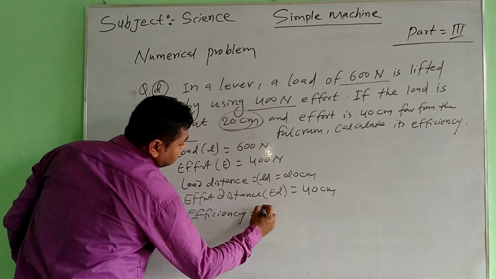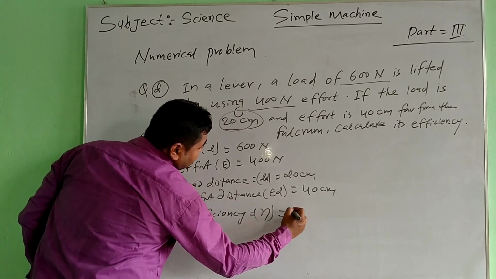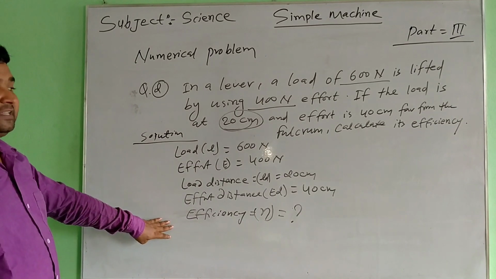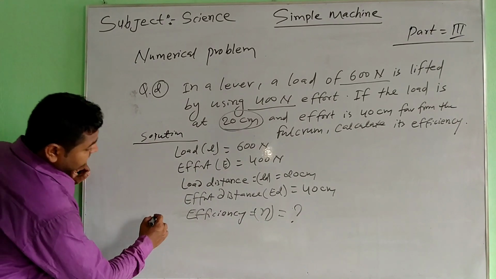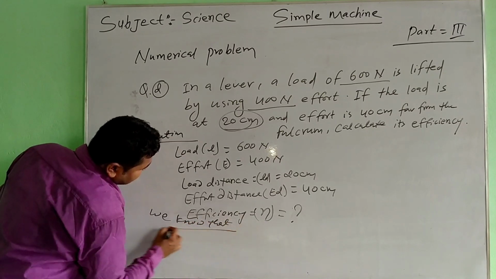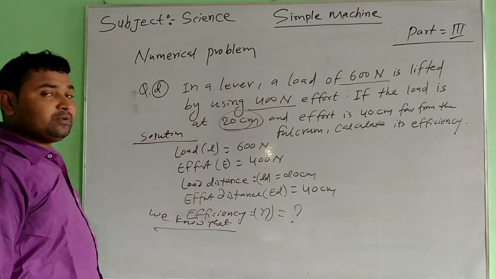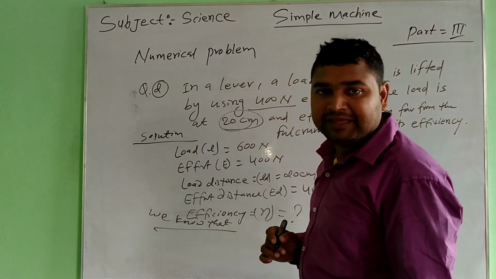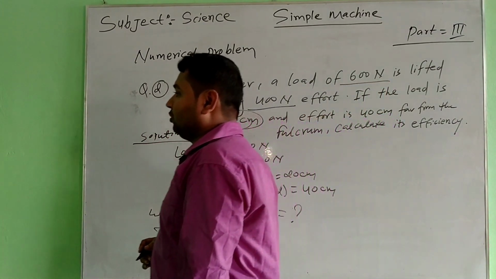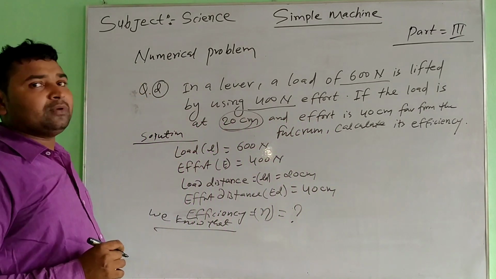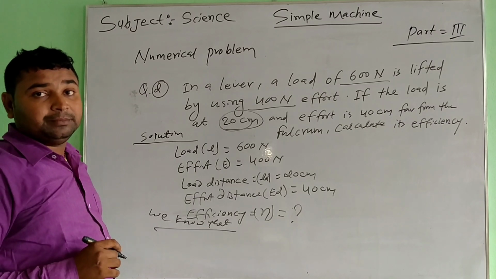We know that efficiency is MA by VR into 100%. So first of all we have to calculate MA, then VR.